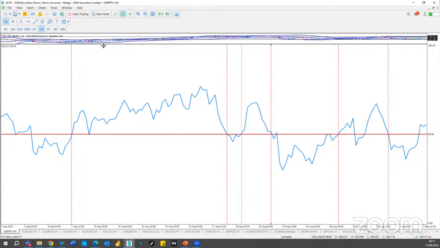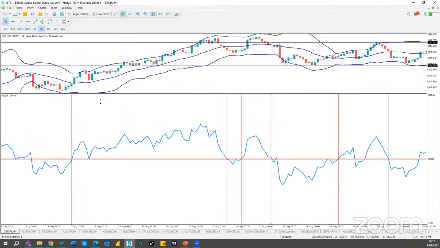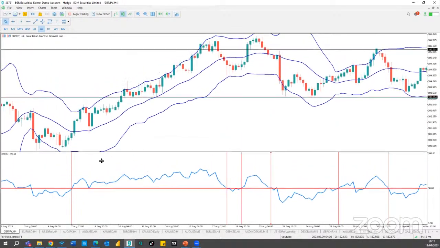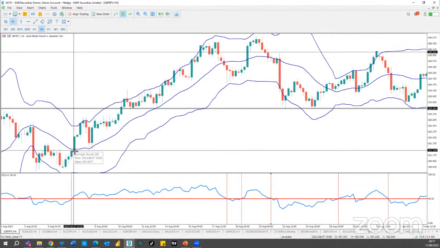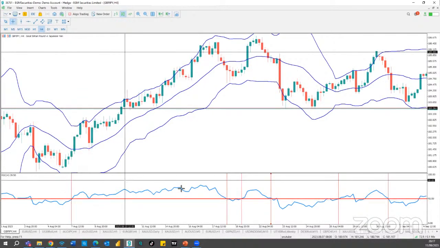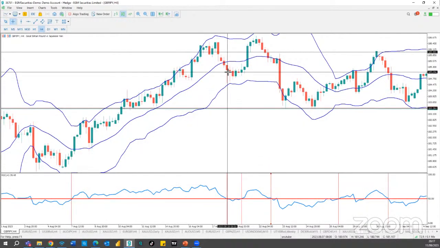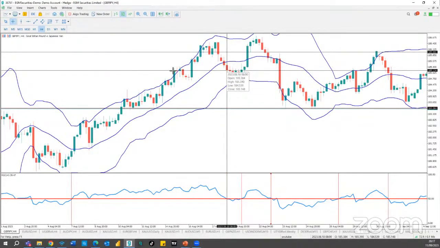And on the 30 minutes, we're going to consider the Bollinger Bands. And if you look at those levels that we've marked on the RSI, even on 4 hours, you can see the price either turned bullish or turned bearish at those specific areas.